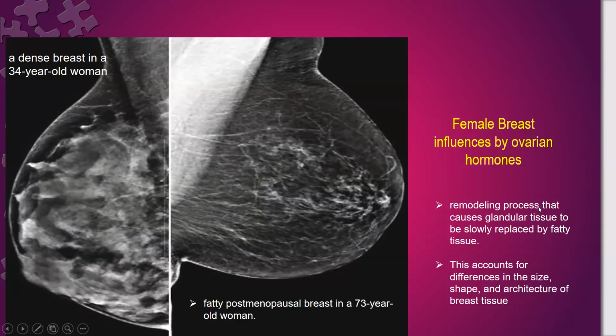This remodeling process causes the glandular tissue to be replaced by fat, and, as you know, is influenced by the ovarian hormones, either progression or regression of these hormones. And definitely this will account for differences in size, shape, and architecture of the breast tissue.